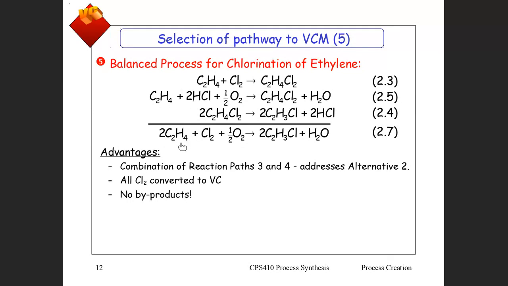So this looks rather nice: two ethylenes plus chlorine gas plus oxygen, and you get your vinyl chloride monomer and water. So it all looks like advantages.